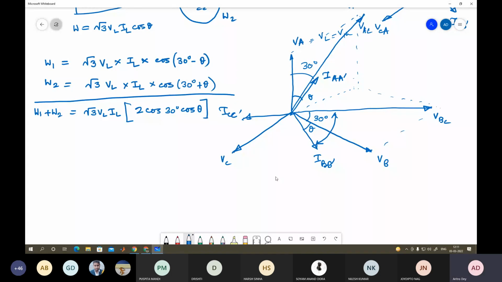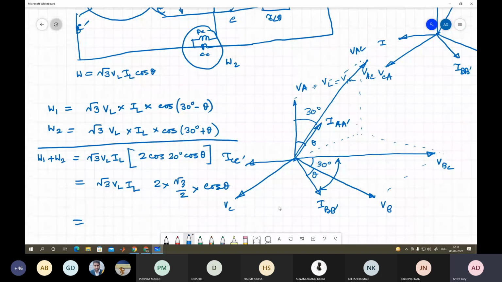So cos 30 equal to what it is? No, there I made some mistake. Let me just go through it.